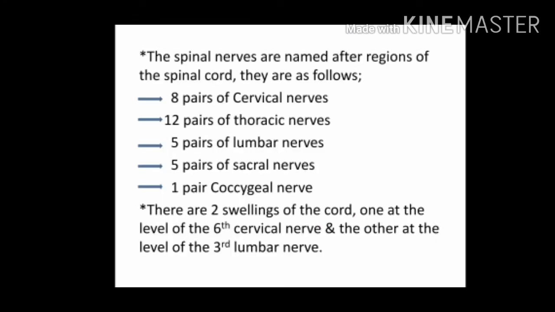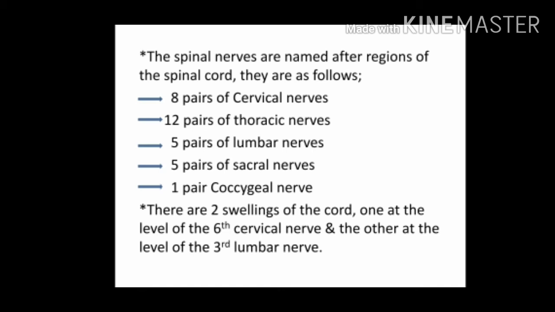The spinal nerves are named after regions of the spinal cord. They are as follows: 8 pairs of cervical nerves, 12 pairs of thoracic nerves, 5 pairs of lumbar nerves, 5 pairs of sacral nerves, 1 pair of coccygeal nerve. So actually these are named after the parts of the spine.